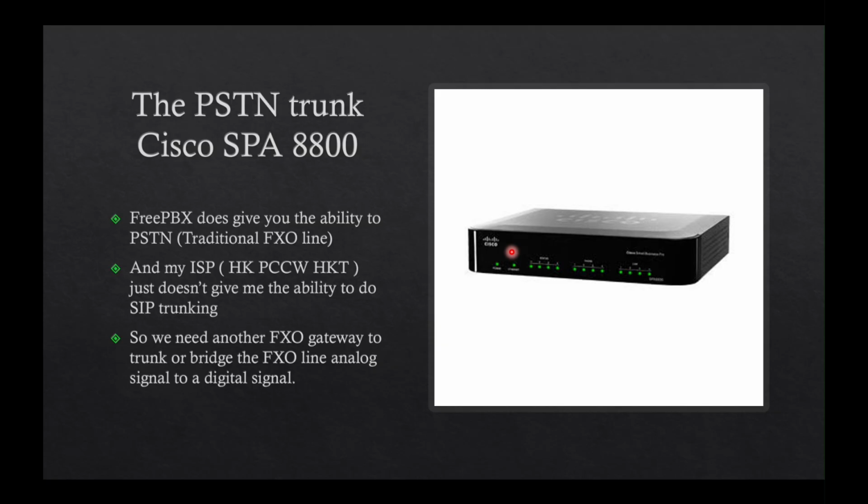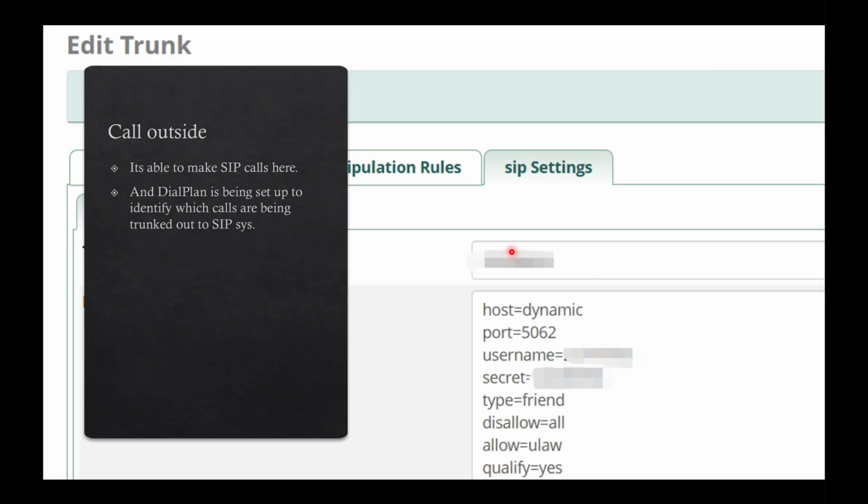I set up a trunk on the FreePBX side so it can make SIP calls, and dial plans are set up to identify which calls need to be trunked out of the FreePBX system to the SPA8800.